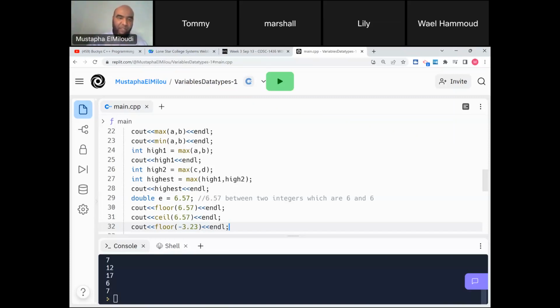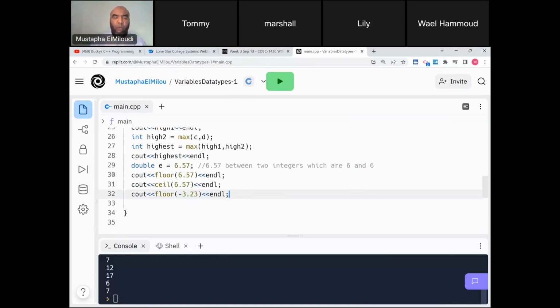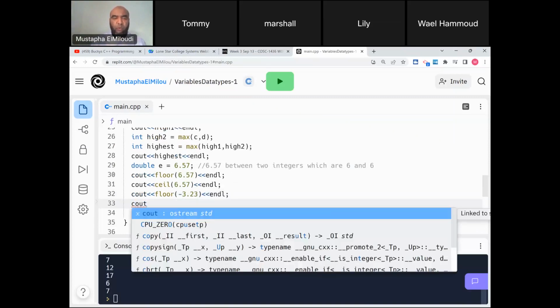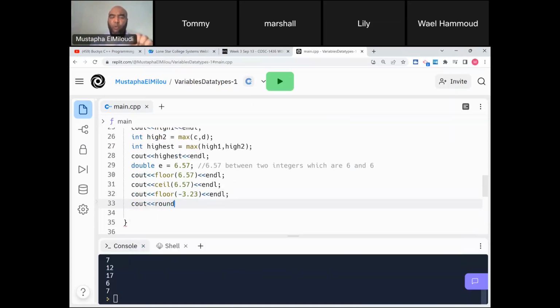Everybody get this? Yes. And then also we have the round. That's the most frequently used one. That's the real rounding, like what you use in math. So when we have a number grade, let's say one of the students got 69.51. Does he deserve to pass?